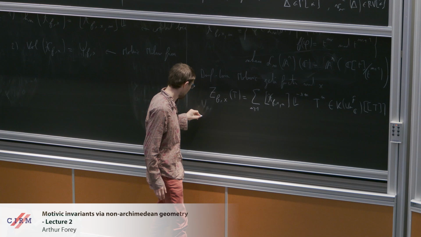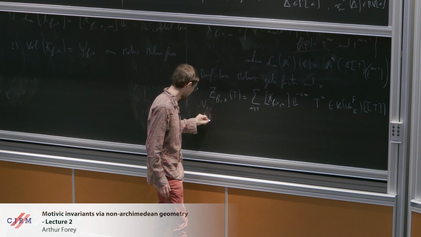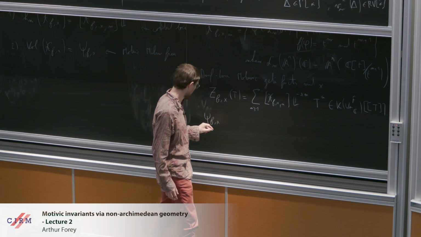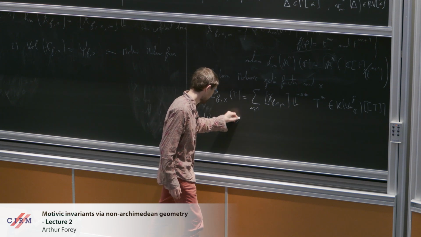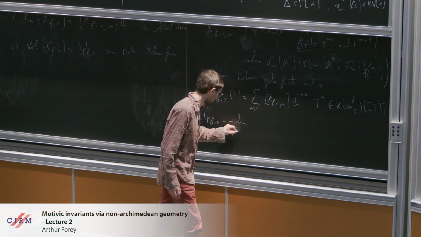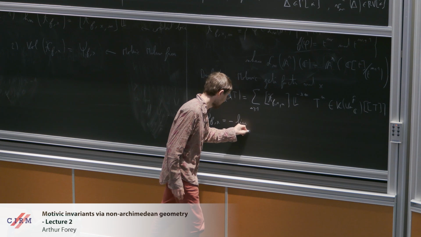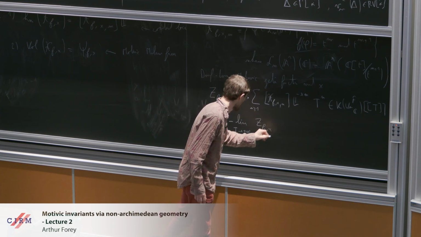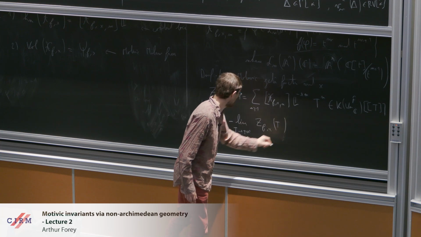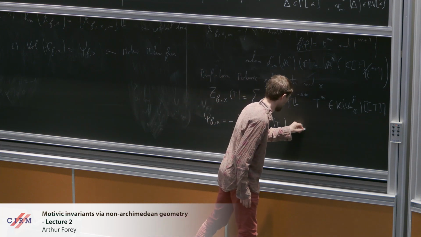So you can define, well, they define the Motivic Milnor fiber as minus the limit when t goes to infinity of this Motivic zeta function. And this is the Motivic Milnor fiber.